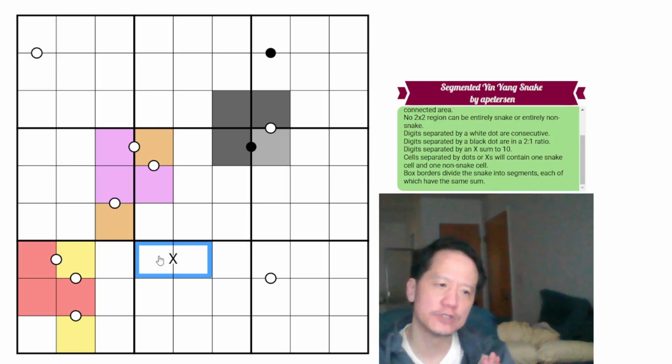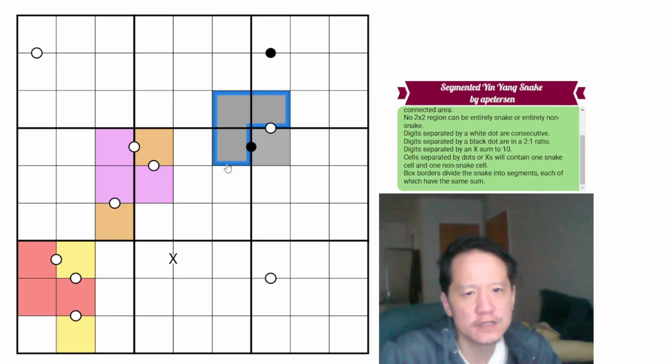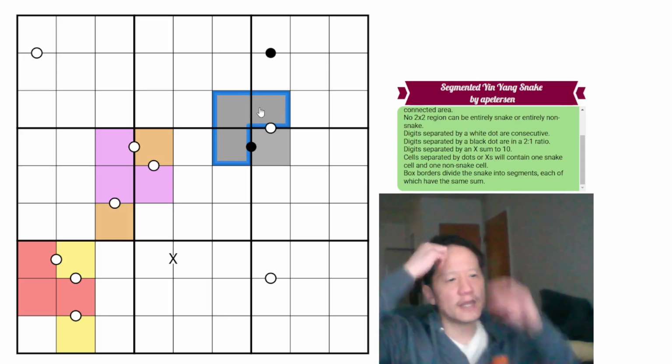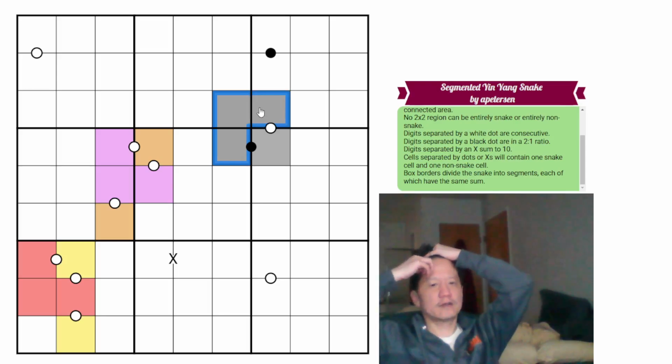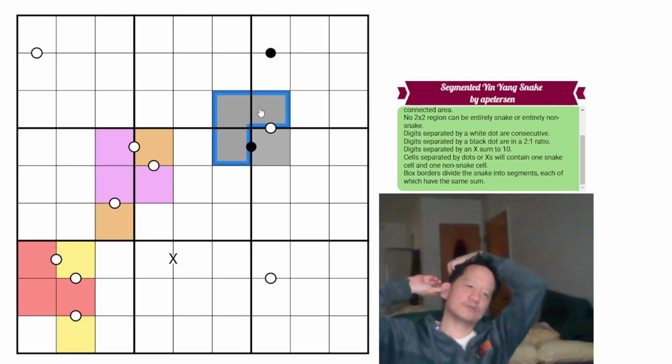Oh, that's interesting. So if this is the snake, that would mean this is only one in size, right? And that's problematic because then every part of the snake would have to be three length at most.